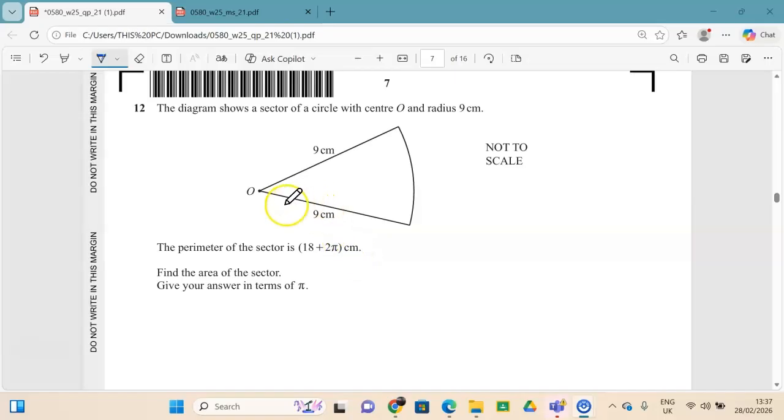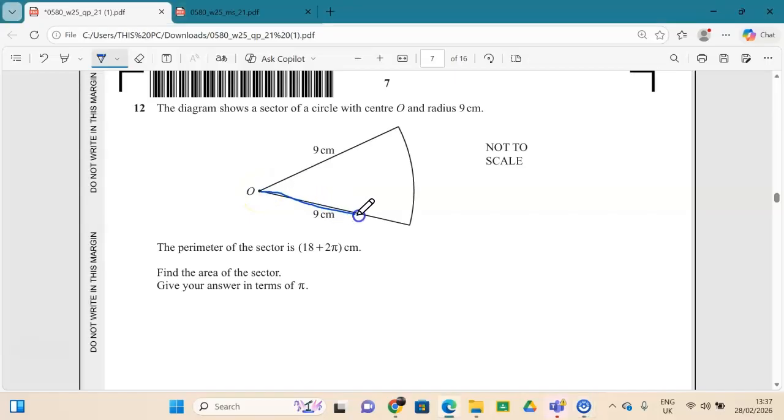You need to think. So if the perimeter of a sector is 18 plus 2 pi, remember that to get the perimeter of this sector is like going round. I'm going to go here, here, and here. When I put all this together, that is exactly how I arrive at 18 plus 2 pi. Meaning that this 18 represents your 9 plus 9, which is just the addition of the radii of the sector.